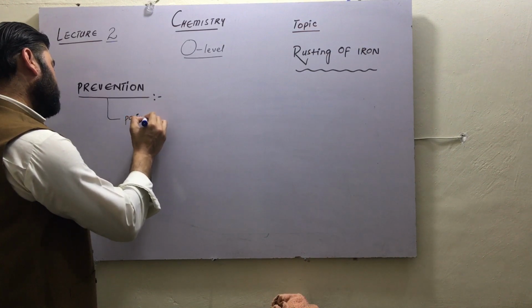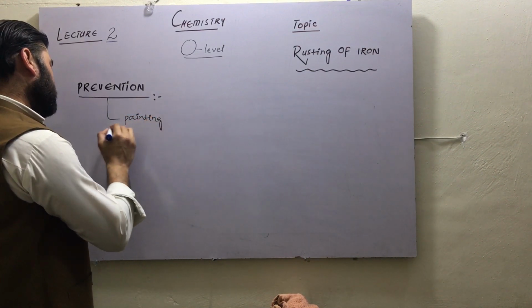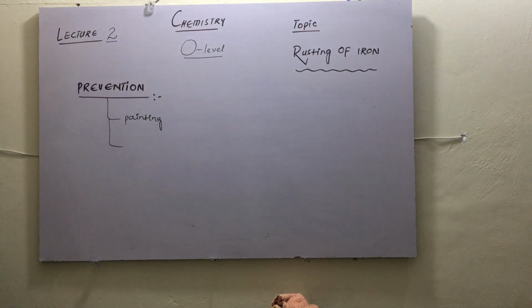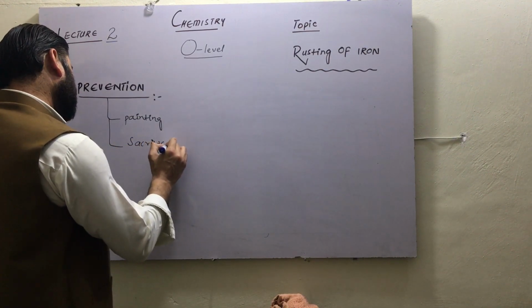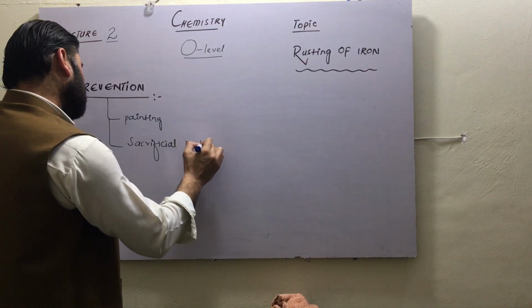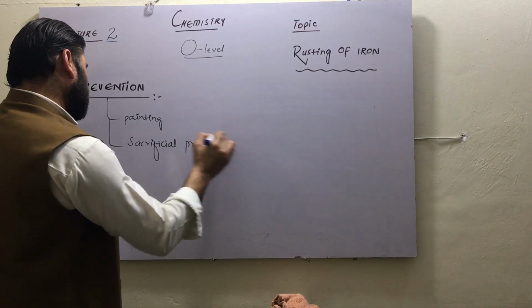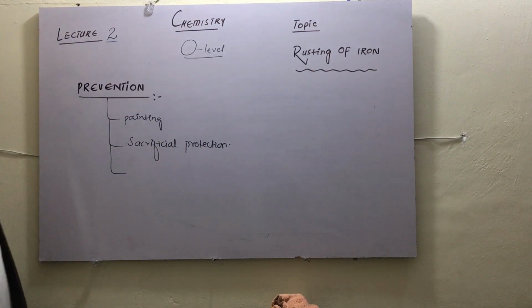We can prevent rusting in different ways, but the most important is painting. Painting is very important because through painting we can protect iron from rusting. And sacrificial protection is also very important, in which we can protect substances.